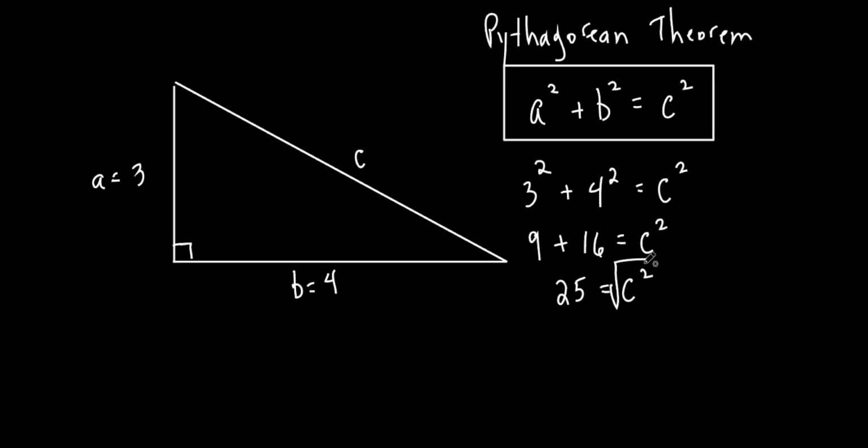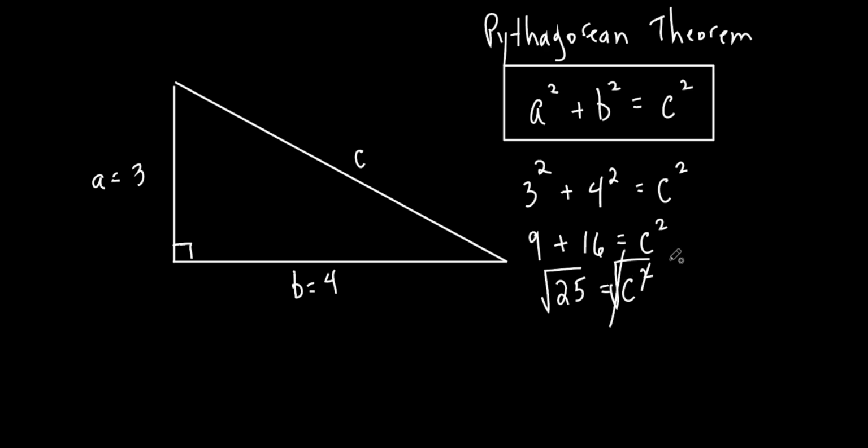But if I square root one side, what do I have to do to the other side? If I do something to one side, I got to do the same thing. So listen to my question. If I square root this side, what am I going to do to this side? Square root it. Okay? Now again, what happens when I square root a squared?